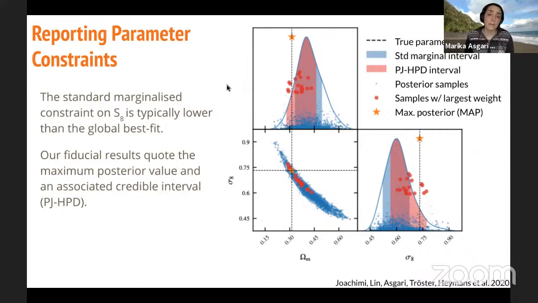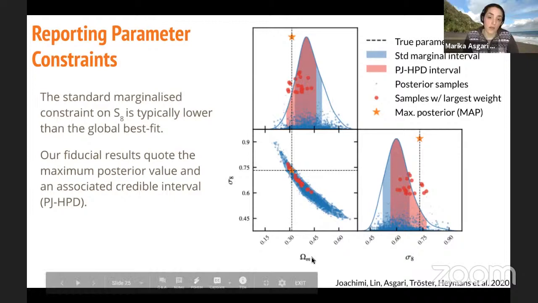And this is done by kind of ordering your posterior values going from the highest value to lowest, and then seeing how many of these points you have to include until you get 68% of your parameter, like 68% of omega m or 68% of sigma 8.